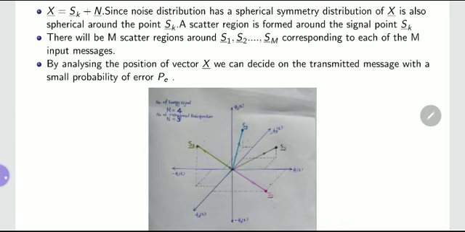So that means the received vector x will also have the same distribution as the noise, but it is around the vector sk. So we can consider the vector x as a scatter region around the signal point sk. This x is having a random distribution.